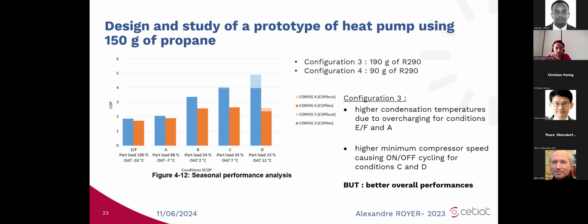What stands out is that the configuration, of course, with the bigger charge performed better, but it's also interesting to see that, if I remember well, configuration 4 was with the automotive compressor, and 3 was with the other one.